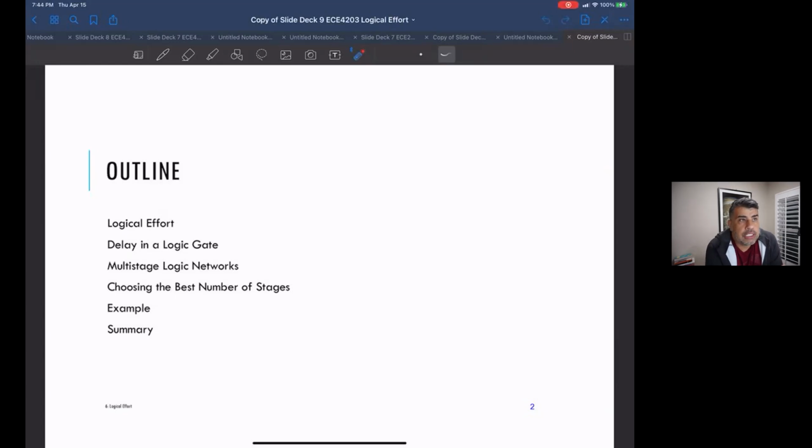You can, at the beginning, decide if a particular implementation of a particular block will meet timing or not at a very rough level. And you can decide if the process you're going to be going into is fast enough to meet your specs.